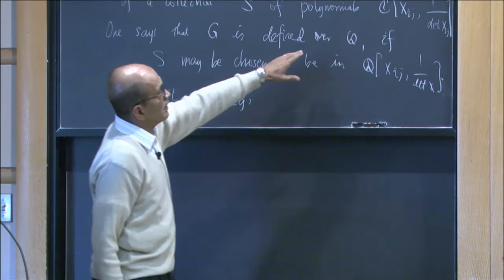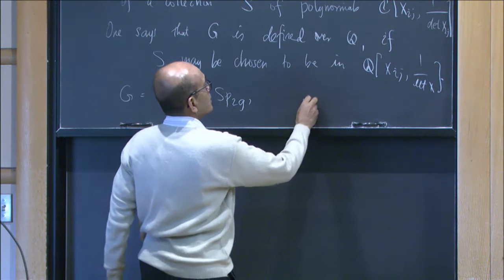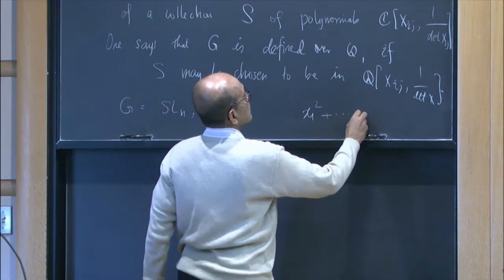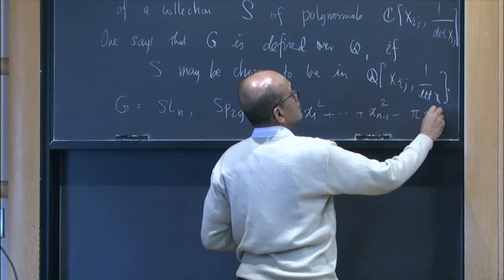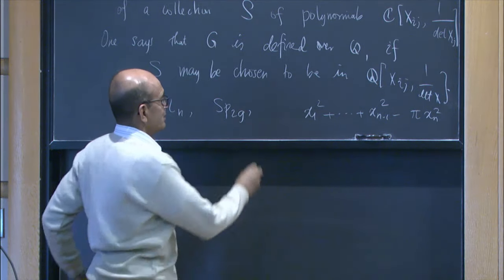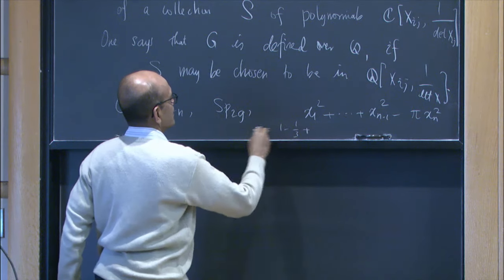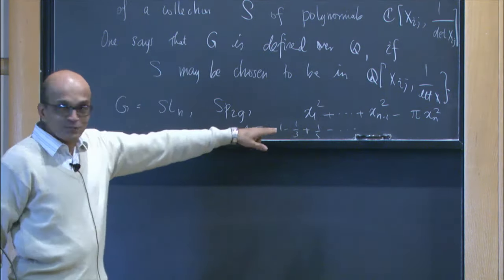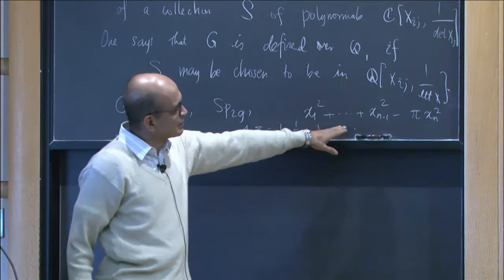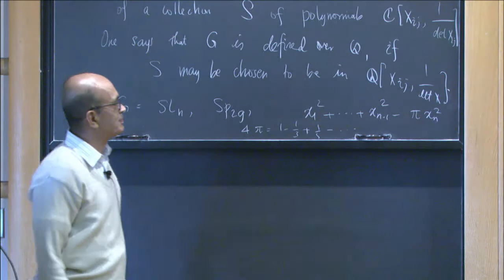And just to be clear that there are groups which are not defined over Q, I could look at a quadratic form in n variables, and if you take the group which preserves this quadratic form, that's not defined over Q.